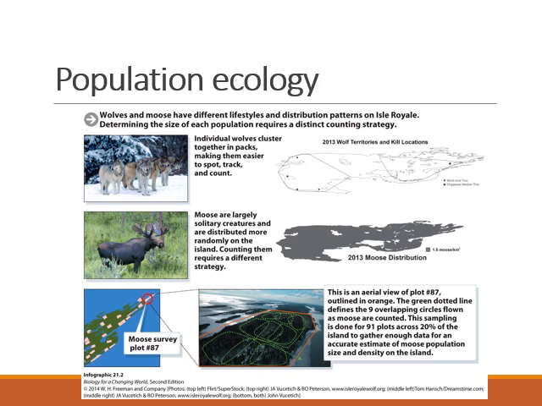Individual wolves are actually easier to find because they cluster together in packs, so it's really easy to spot them, track them, and count them. Moose, however, are pretty much solitary, and they're distributed arguably randomly throughout the island, so counting them requires a different strategy. You see here down at the bottom, they've got an aerial view of a plot.